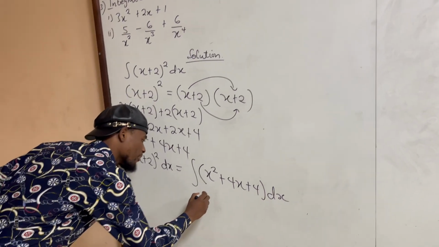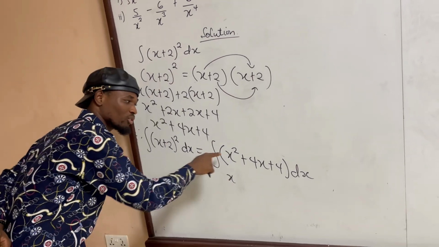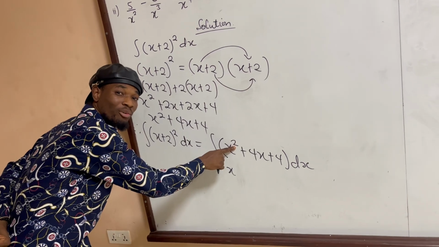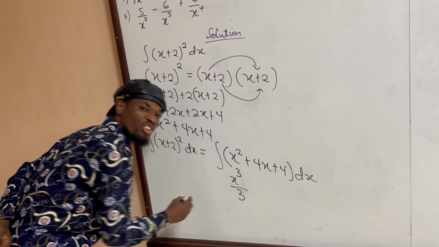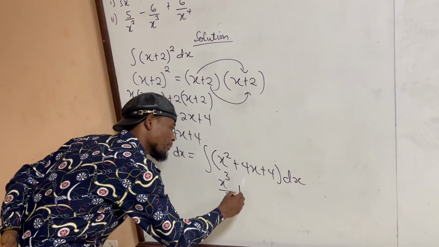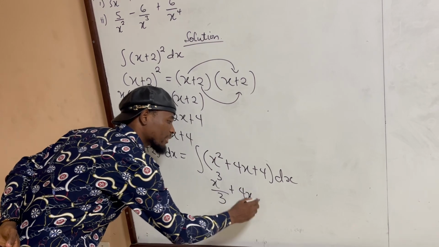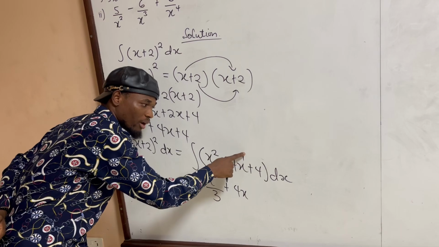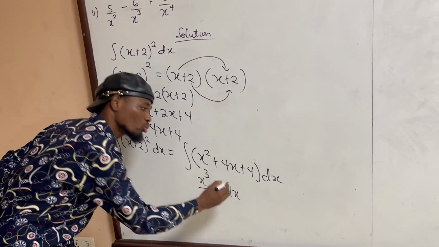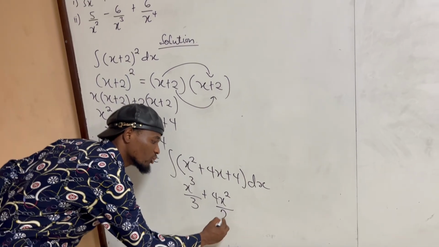We have x to the power 2; when you add 1 to this exponent, you have 3. So we have x to the power 3 all over the new exponent, which is 3, then plus we have 4x, this is 4x to the power 1. When you add 1 to that power, you have 2. So I have x to the power 2 divided by the new exponent, which is 2.